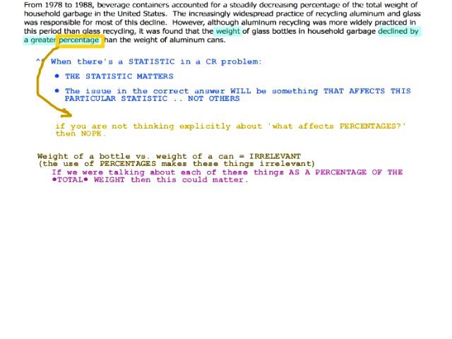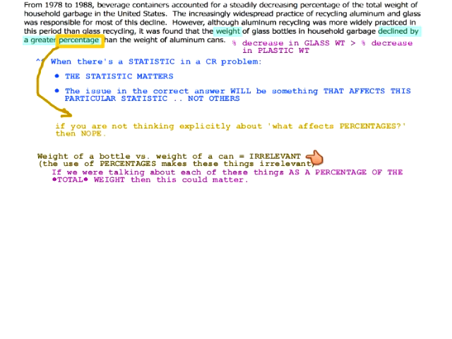But that's not what we're talking about. We're saying that the percent decrease in glass weight was greater than the percent decrease in plastic weight. These are separate things. That's why it doesn't make any difference.